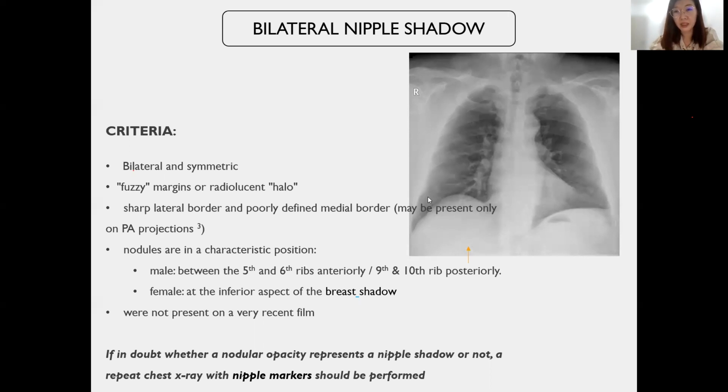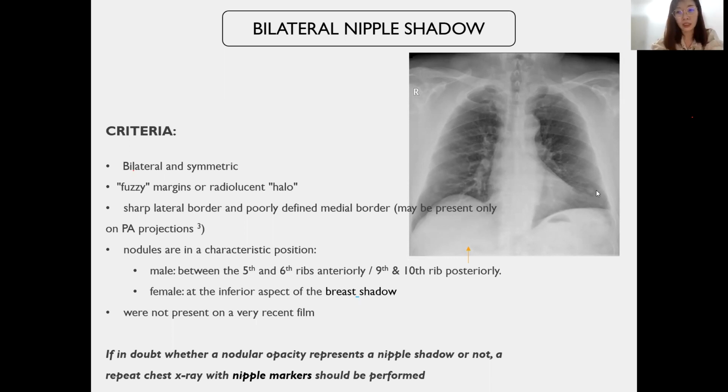But sometimes only a single nipple can be seen, or we are really not sure, so we must always suggest repeating an X-ray with a nipple marker so that we can know whether that is a nipple or not. One time we thought it was a nipple shadow, but actually it was a lung nodule. The lung nodule grew bigger after a year when the patient came back for follow-up at another screening.